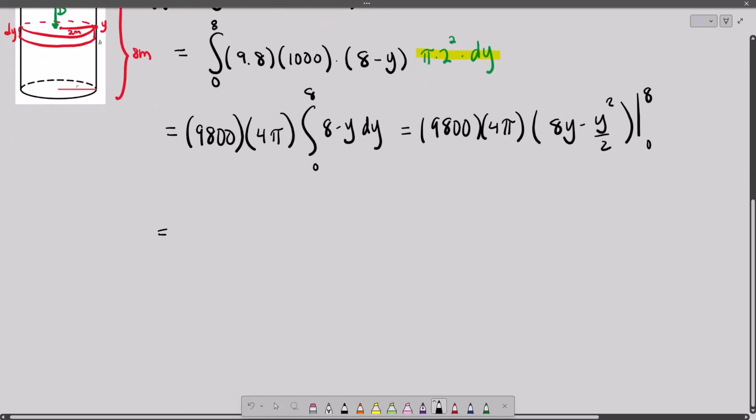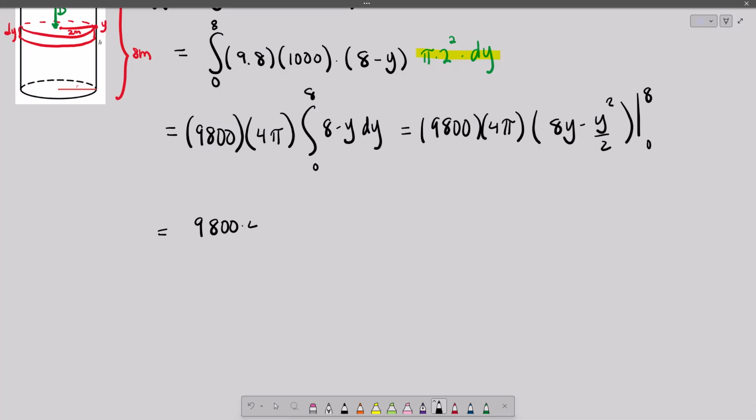So we're going to have 9800 multiplied by 4 pi multiplied by 64 minus 64 halves, which is 32. So we have to just multiply all that together. 9800 times 4 times 32.